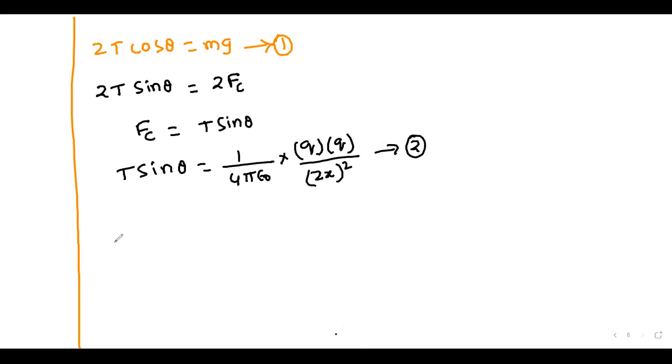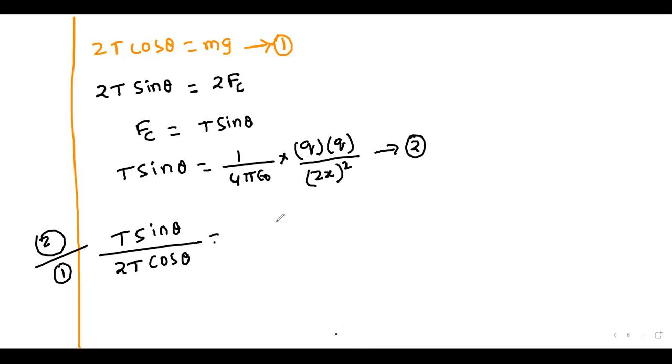Now, equation 2 by equation 1. That is T sin theta by 2T cos theta, which is nothing but 1 by 4 pi epsilon naught times q square by 4x square, over T cos theta, which means mg.